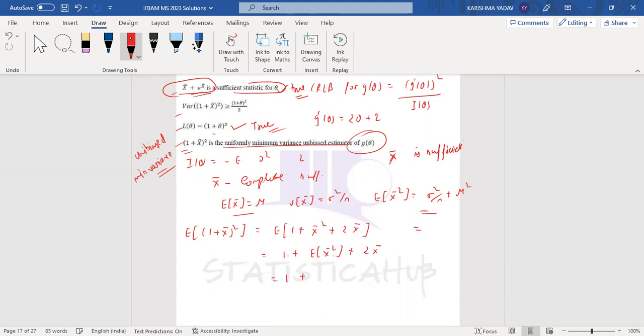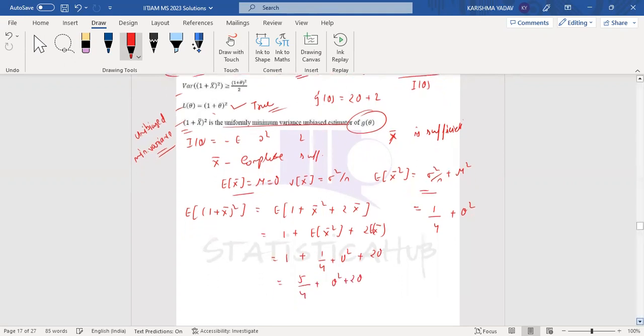Here sigma square is 1, n is 4, so that is 1 by 4, and mu is equal to theta. So I got 1 plus 1 by 4 plus theta square, plus 2 theta. That is 5 by 4 plus theta square plus 2 theta.